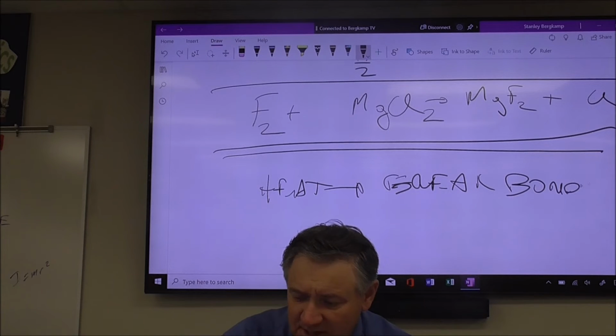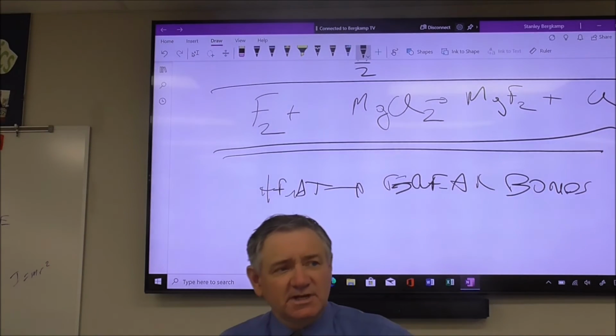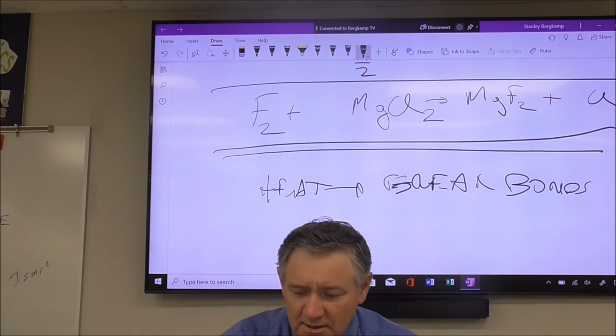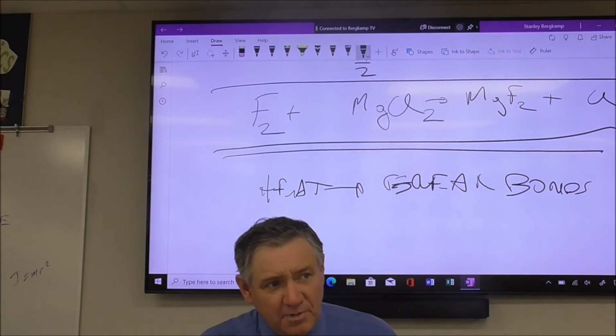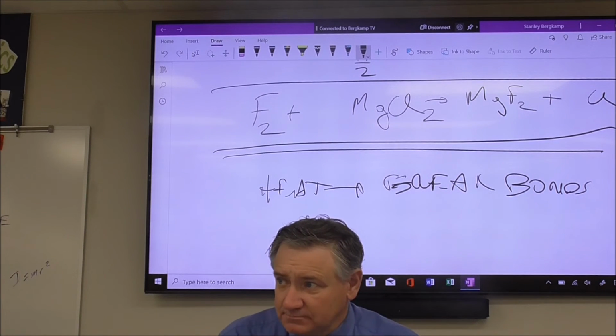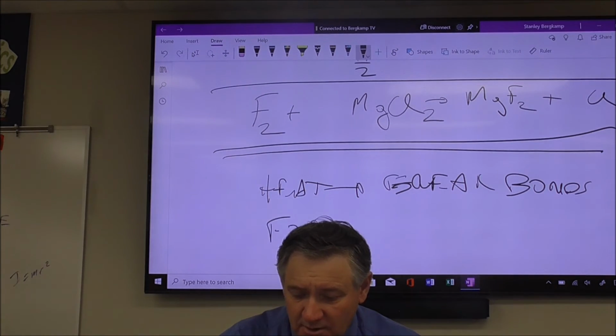So heat flows in and you break bonds. Think of melting ice. So if you put energy in to break bonds, then when you form bonds, what's going to happen? You're going to release energy.